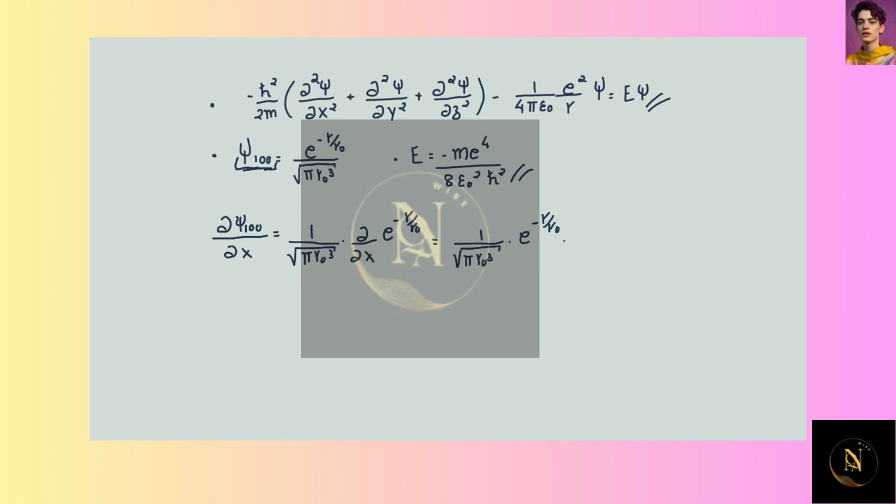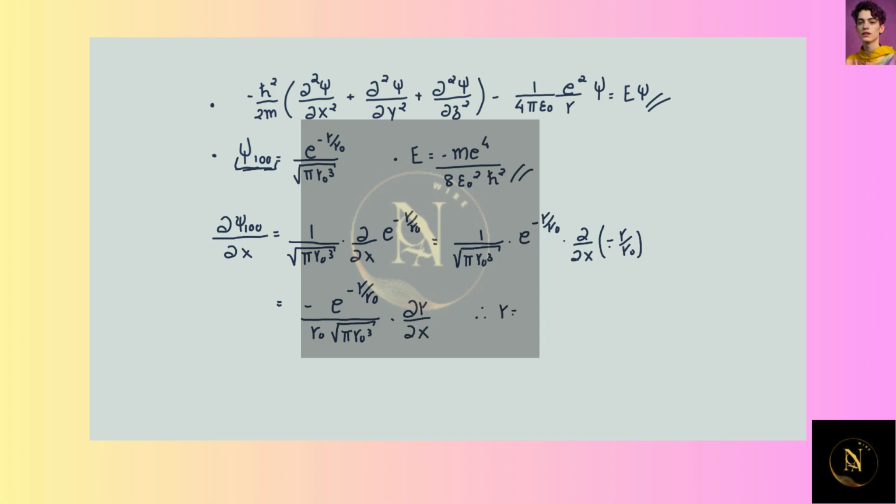But now we have the derivative with respect to x of the exponent of that exponential. Again, the r0 term is constant with respect to x, and so is this minus 1 term here. And we get minus e to the minus r divided by r0, divided by r0 times the square root of pi r0 cubed, times the derivative of r with respect to x.